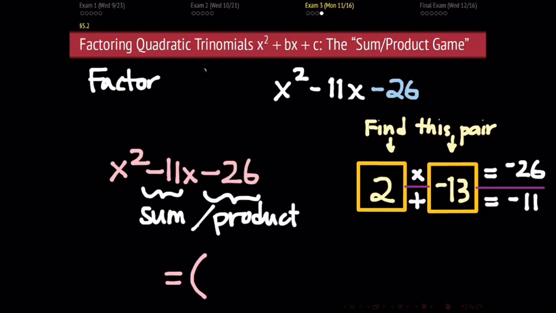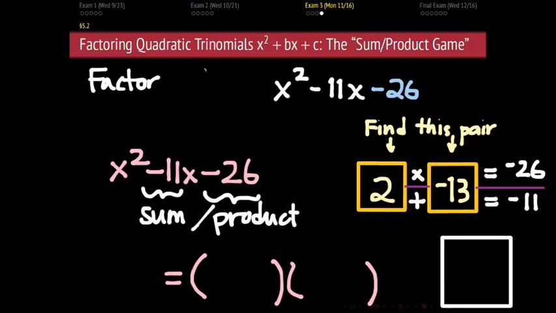So, right. The entire point of this technique is to reverse the FOIL process. We're reverse foiling, unfoiling, if you will, when you're factoring a trinomial. And so, because we can use this little grid technique to foil, let's also use it to unfoil. So we found this pair of numbers, 2 and negative 13.